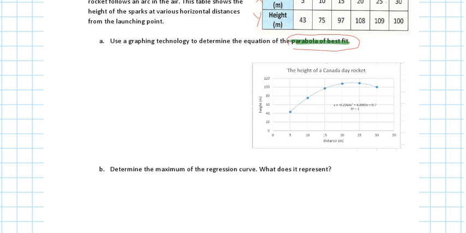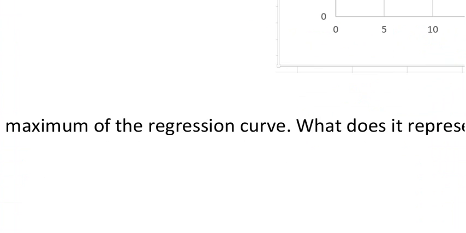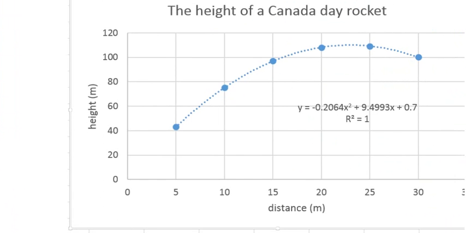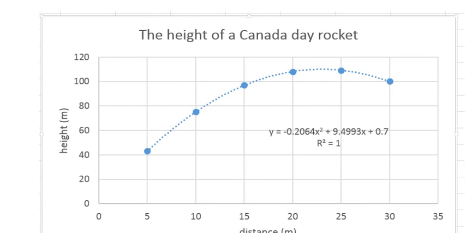If I look at these points, my maximum is going to be somewhere here. It's between 20 and 25, so it's about 22.5. That's where my maximum is going to occur, maybe around 23.